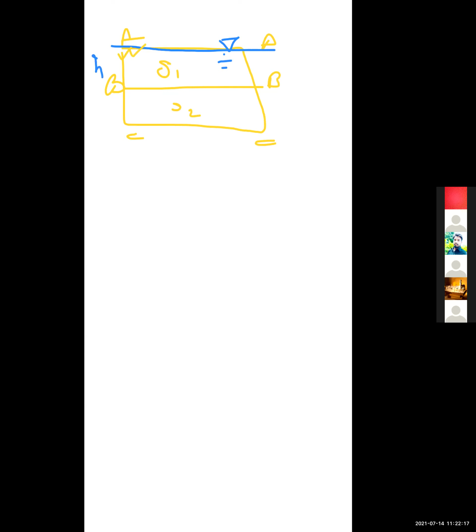Height is the same, that is H1, H2. If the water table is present at ground level, that means soil is in saturated condition. So here gamma sat 1, here gamma sat 2. In both zones soil is in saturated condition. So now we can write the total stress. What is the total stress at A?